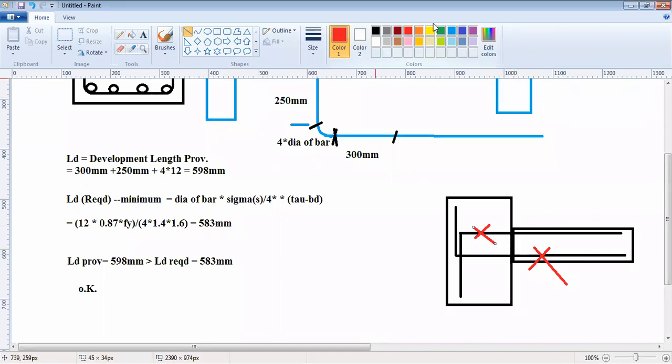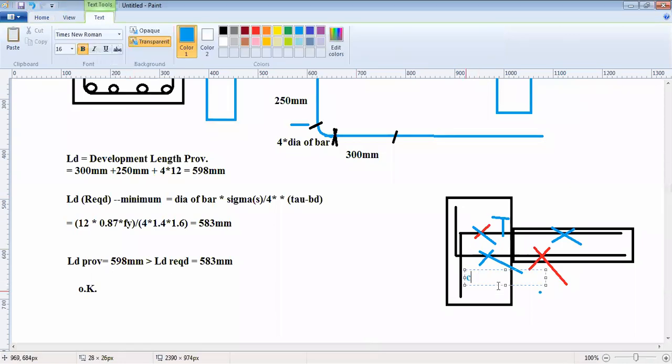Now, if this is in compression at the support at the end, this will be in compression. So there is a reversal of stresses. Thereby, the top portion here at the support is in tension, and this bottom portion is in compression.